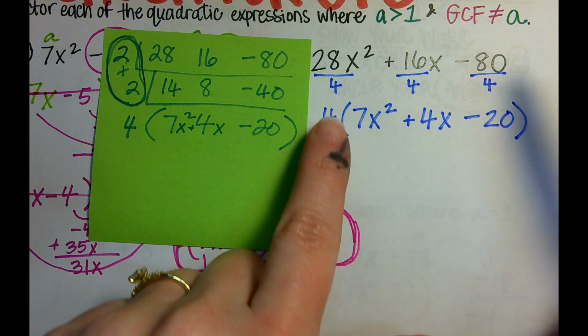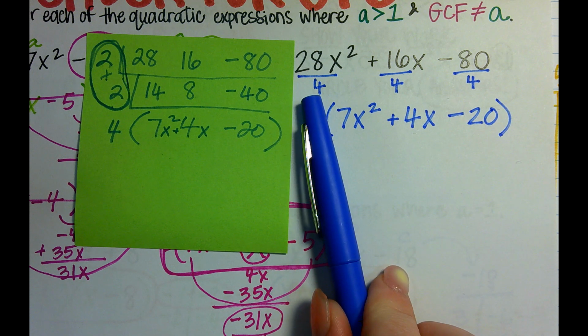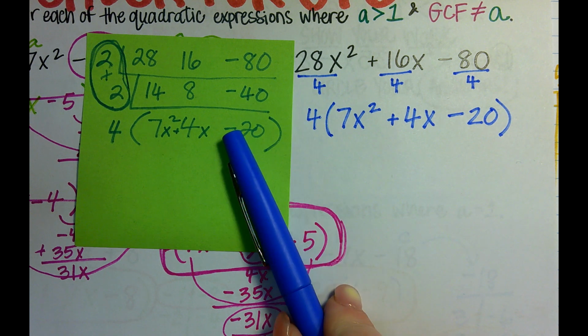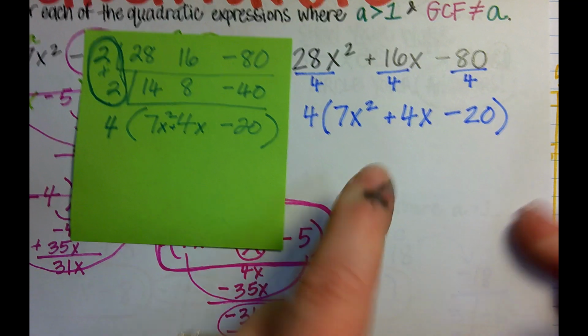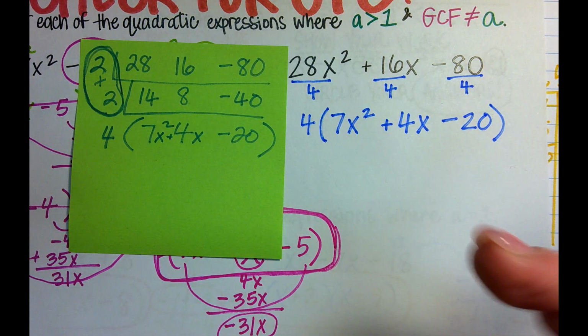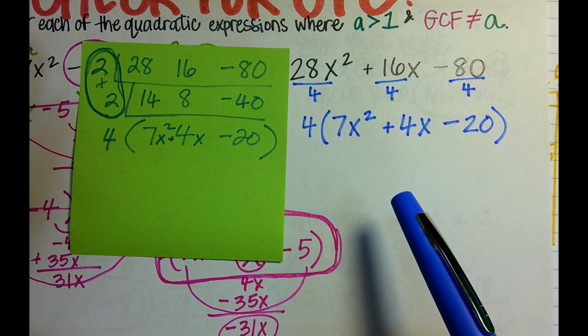And once we've taken out a greatest common factor, I like to just pretend that it does not exist until the end when I'm writing my problem. Don't let that 4 confuse you. It's gone. Now we're looking at this new quadratic that we've come up with. The only thing is just not to forget to write it outside your answer, just like we did previously.